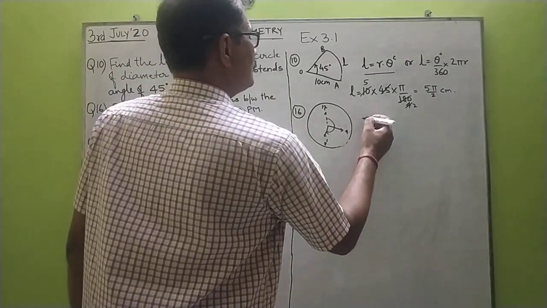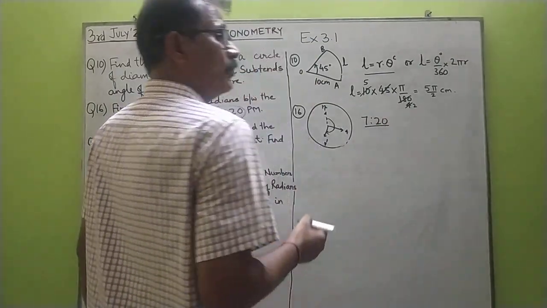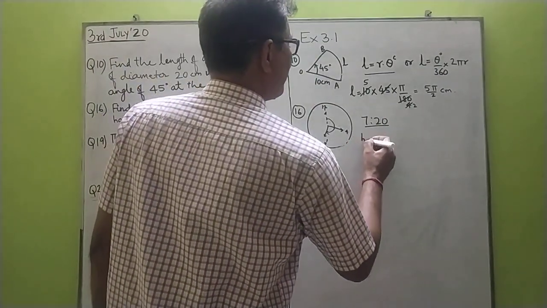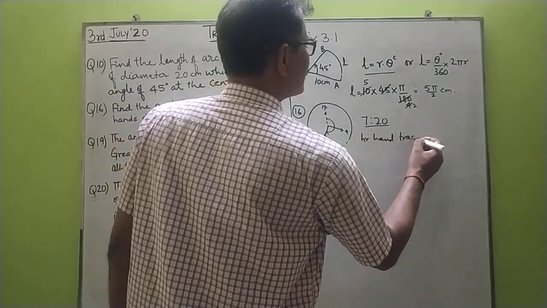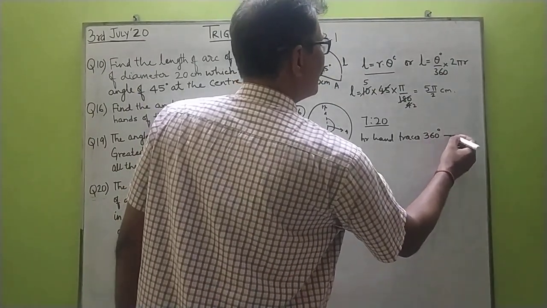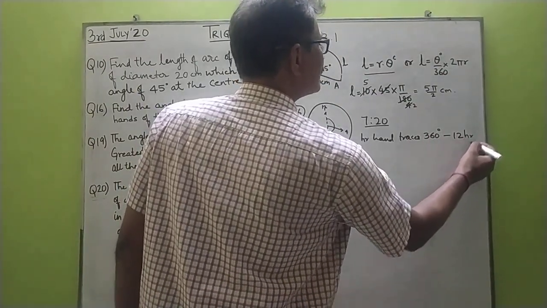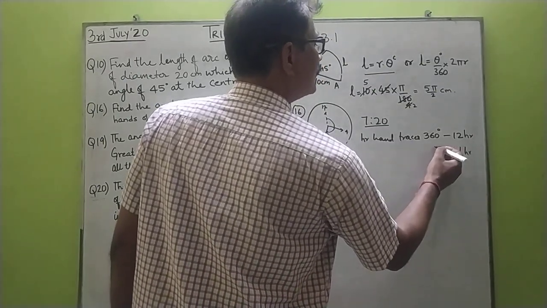Now, first is 7:20. You know that the hour hand traces 360 degree in 12 hours. So in 1 hour, it traces an angle of 30 degree.